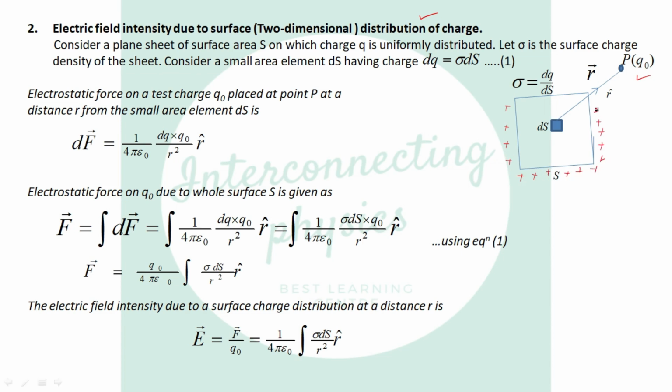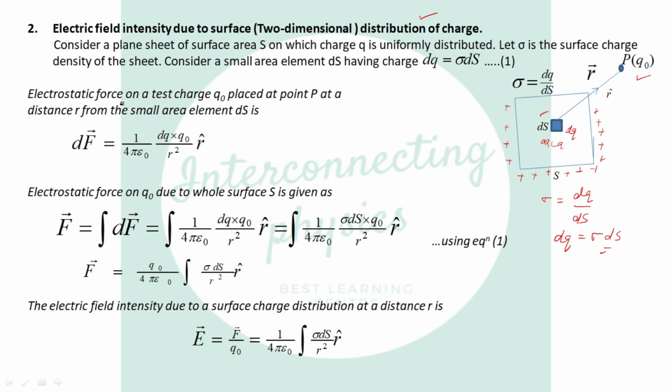To solve this problem, we have to take a small area element, that is ds, at a distance r vector from point P. Now because sigma is charge divided by area, the charge on this element is sigma into ds. So here the charge is dq.